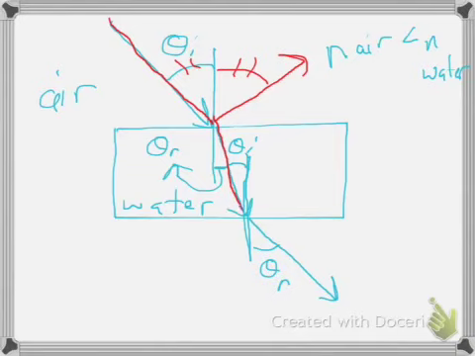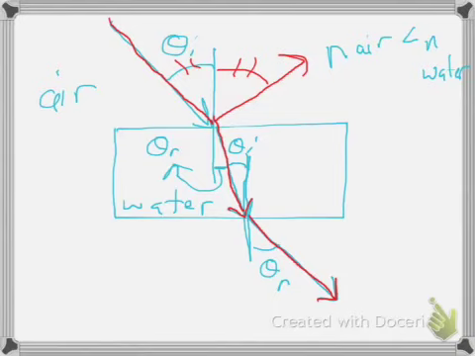It did that because the medium it went into is greater in density, or its index of refraction is greater than the index of refraction that it presently is in. And then it's going to exit back out, and it will refract away because the index of refraction that it is in is greater than the index of refraction which it is going into. I hope I said all that right.